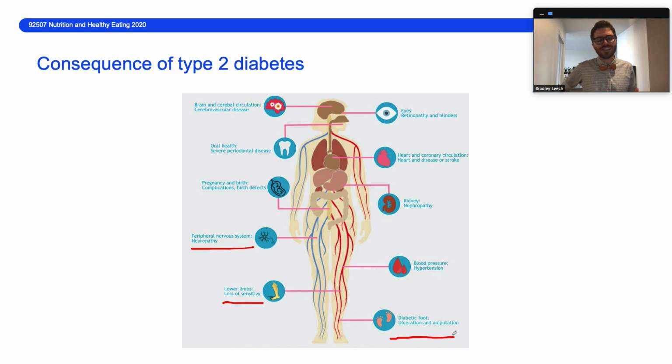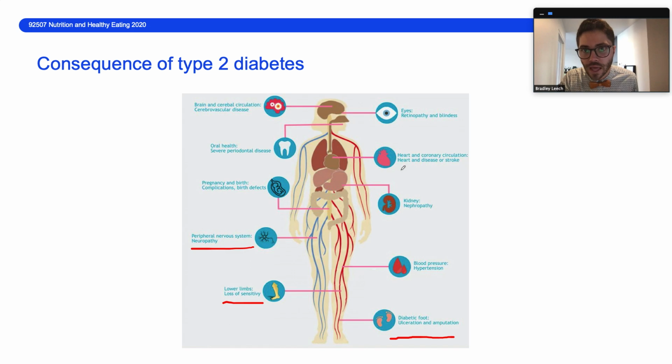You can actually see this in a few older adults. They've got quite a red, sore looking foot, and that could potentially be contributed to by diabetes, or let's say uncontrolled diabetes.